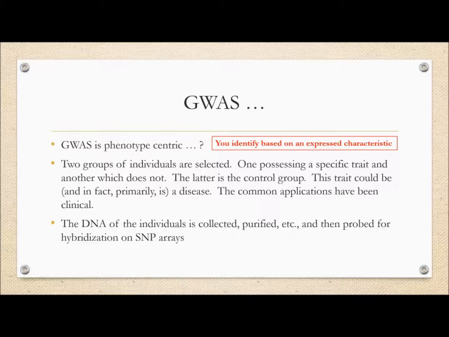So the DNA of the individual is collected, purified, etc. Then you create a probe set of these SNPs, and they're called SNP arrays. There is a database associated with the NCBI and GenBank, called dbSNP.